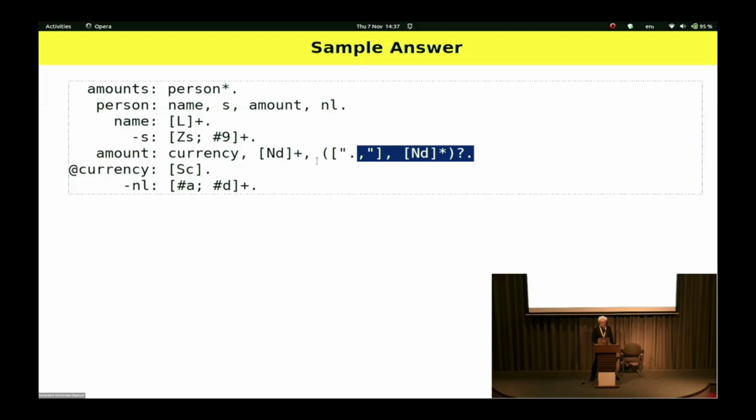That whole section is optional. Currency, I've made an attribute, and that's just a currency symbol, and a new line is any number of A's and D's. Is that all clear?